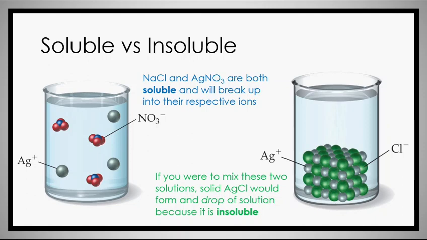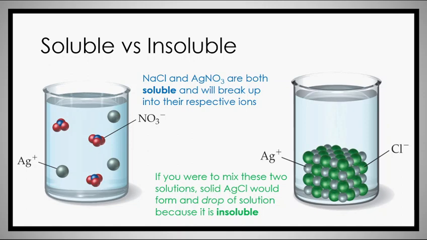If you place silver nitrate into water, it will completely break apart and you will end up with silver ions and nitrate ions. Please notice, there is no silver nitrate left inside this beaker. There is no such thing as AgNO3 completely intact in water. You are going to have complete dissociation, complete separation of these silver ions and these nitrate polyatomic ions.